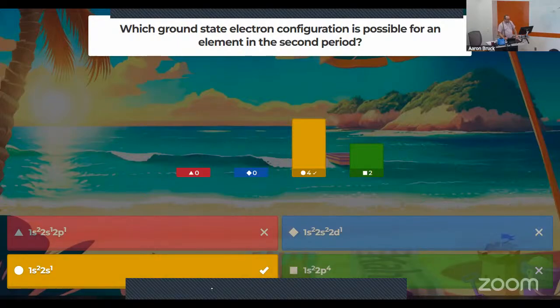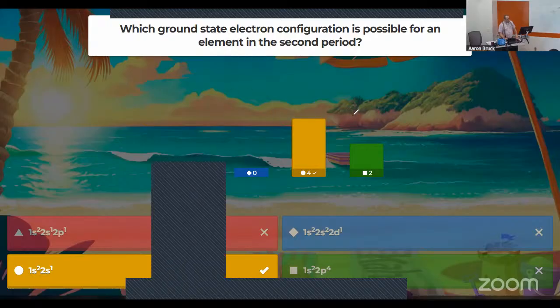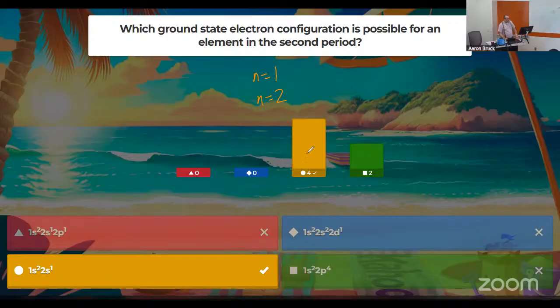So the things that we have to remember: for the second period, we would only have n equals 1 and n equals 2, which all of these cover. And in n equals 2, for ground state, that is the lowest energy configuration, the only possibilities would be the s and the p sublevels. So we can eliminate this one here because there's no such thing as the 2d.